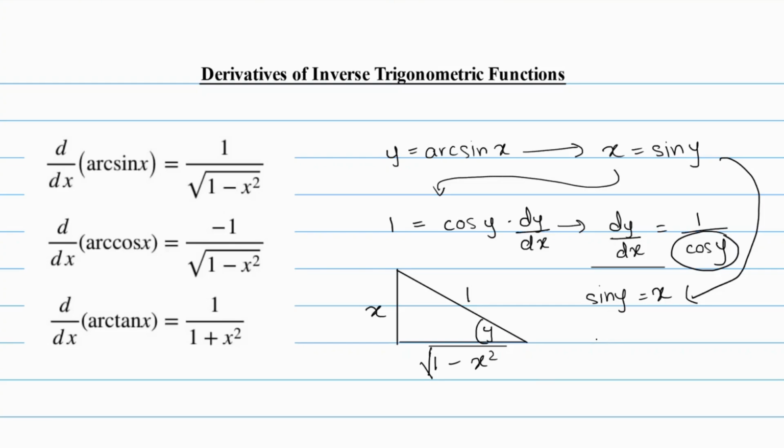So from this we can get an expression for cos y, which is equal to the adjacent divided by the hypotenuse.